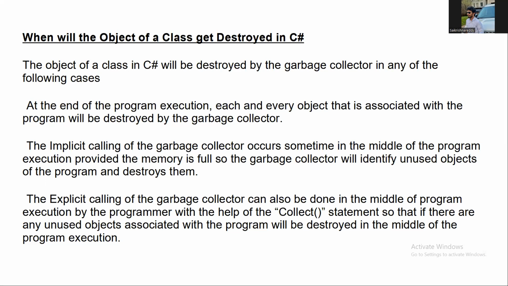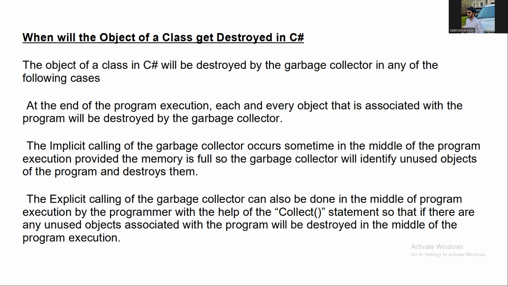It always looks out, and whenever it identifies an object which is no longer used by the program, it invokes and destroys the data of that specific object. So one is at the end of the program execution.